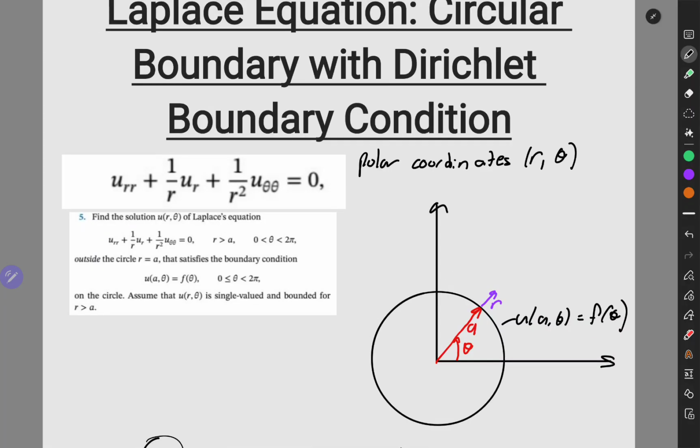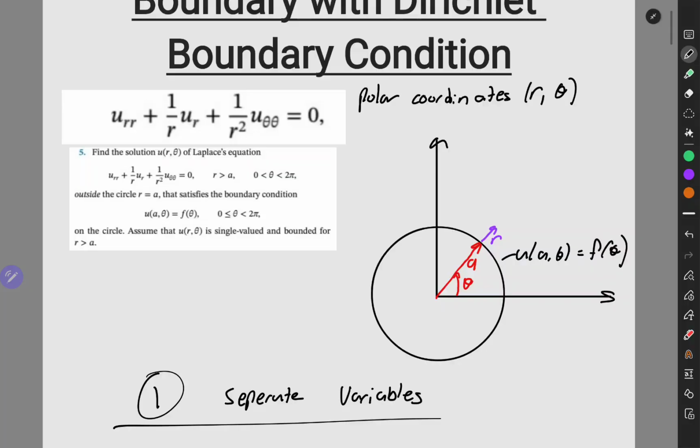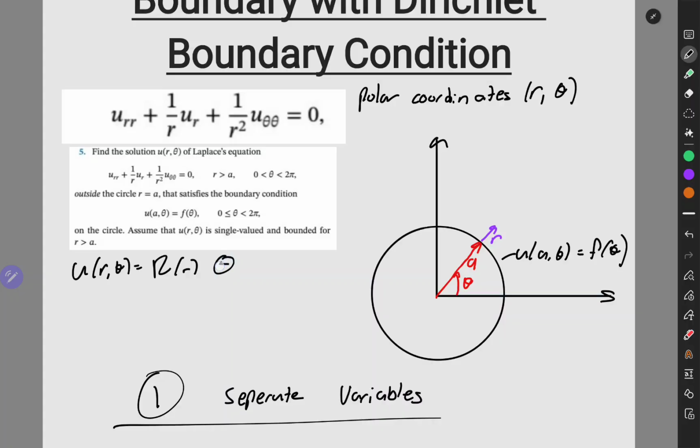So, don't be intimidated by the more complicated looking equation. It's not too bad. But as we know, for any PDE, step 1 is separating the variables. So, remember, we define u of r, theta as R of r times capital Theta of theta.